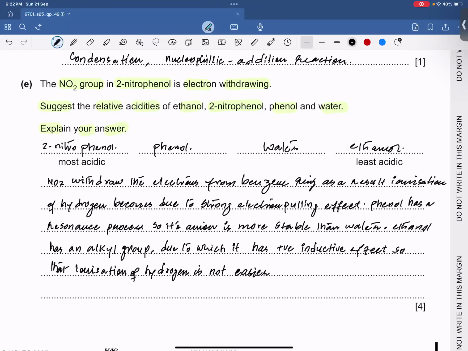As electron density on the oxygen atom increases, the electron pulling effect becomes weaker.